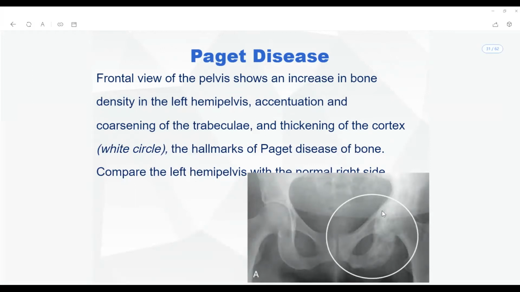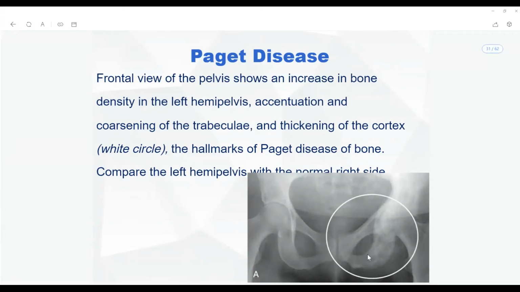But look at the joint space first, and then look at the contour of the femoral head, which appears to be completely normal. So this shadow is caused by the obscuration of the cortical thickening of the pelvic rami. That's the reason we call this Paget's disease, but not avascular necrosis.